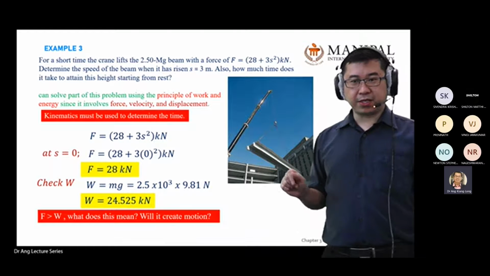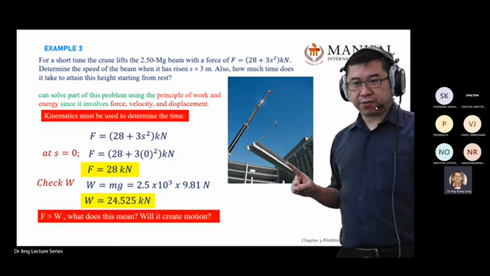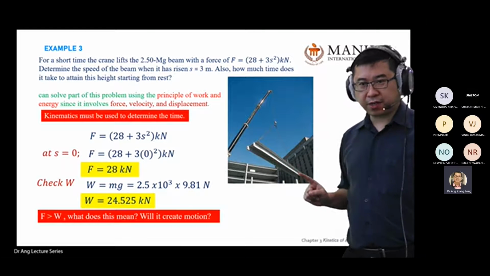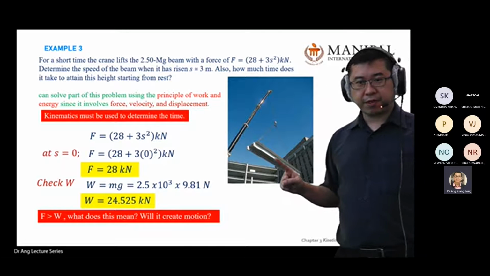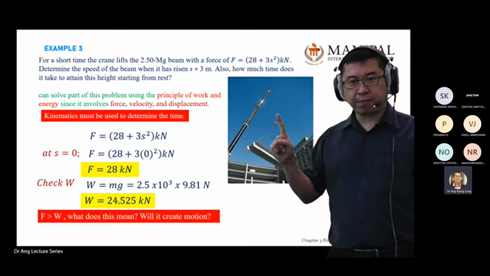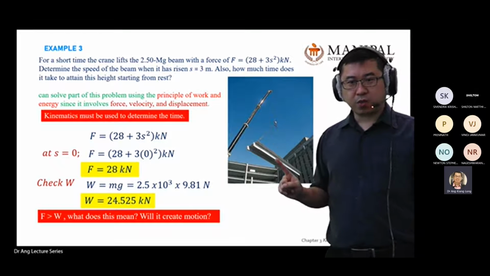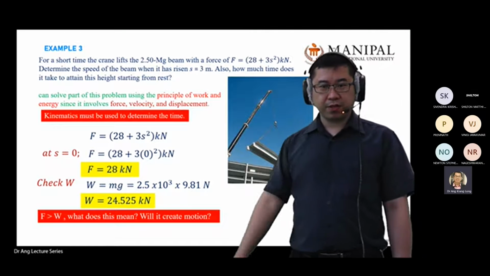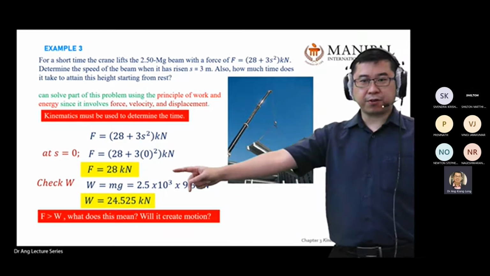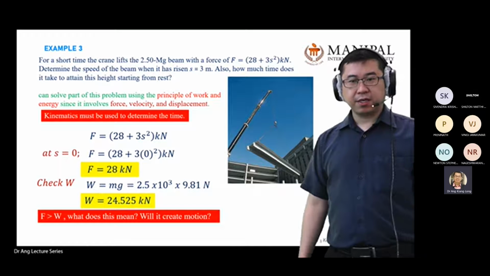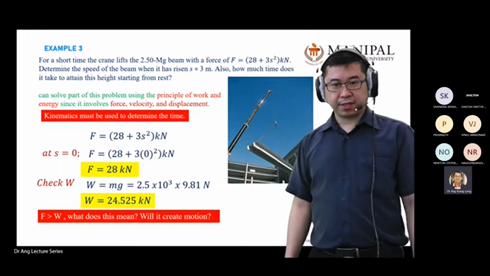Try to imagine. It's a logical physics or engineering question. You have the beam before start, 28 kilonewton pulling up, weight pulling down 24. There's an excess, an imbalance of forces acting on the body. What happens to the body?